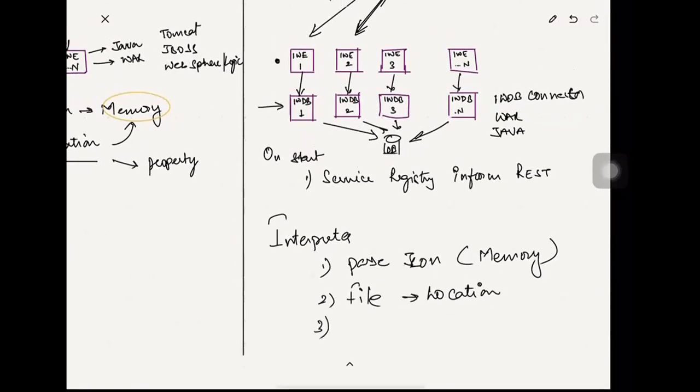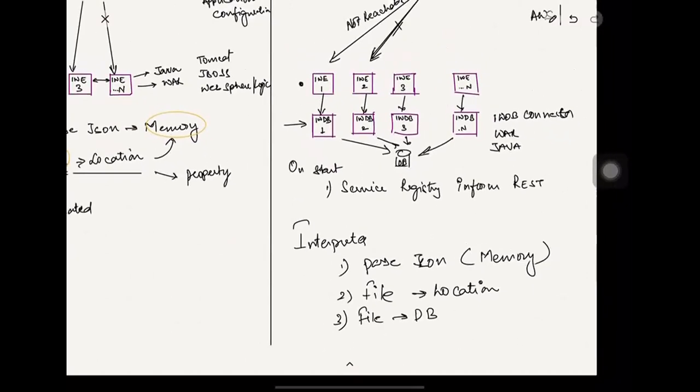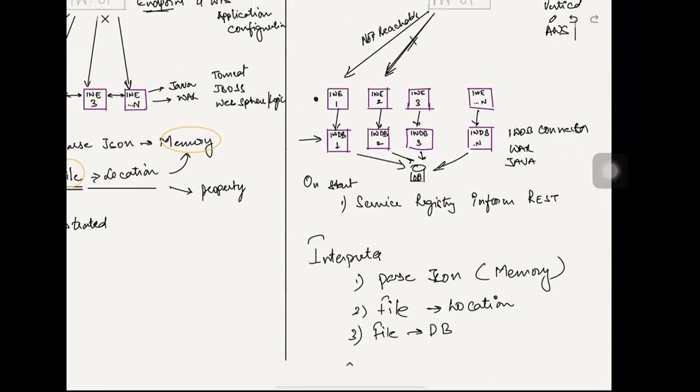And third, it pushes the files into a database. Why do we do that? For example, there was only one interpreter running, and a second interpreter is brought up after the first one goes down. During that time, interpreter 2 does not have any files.